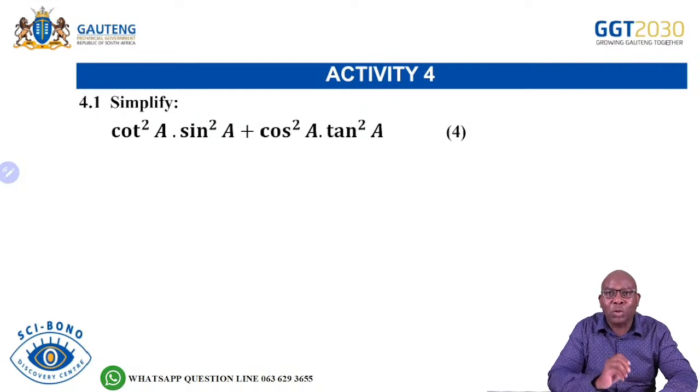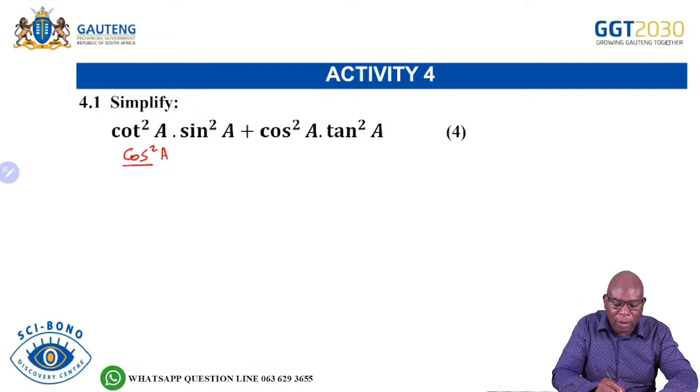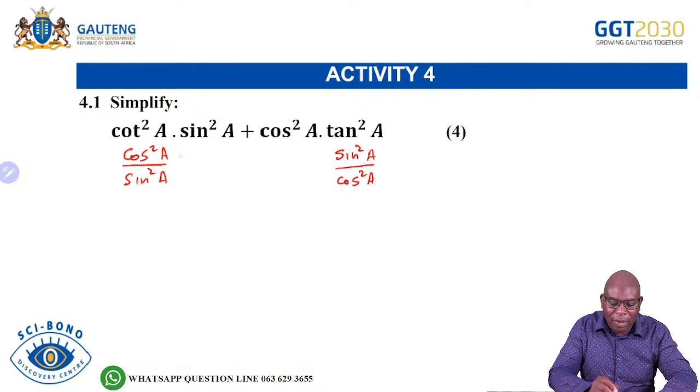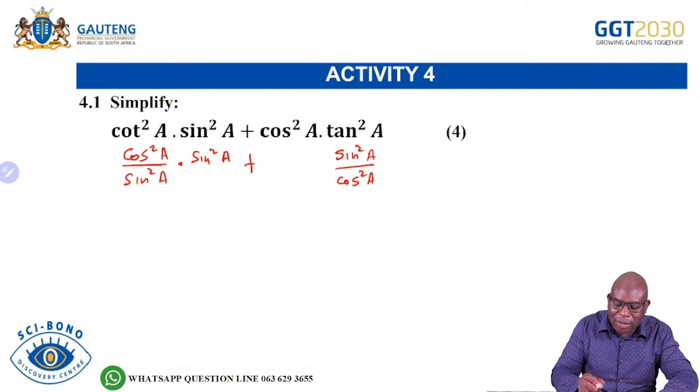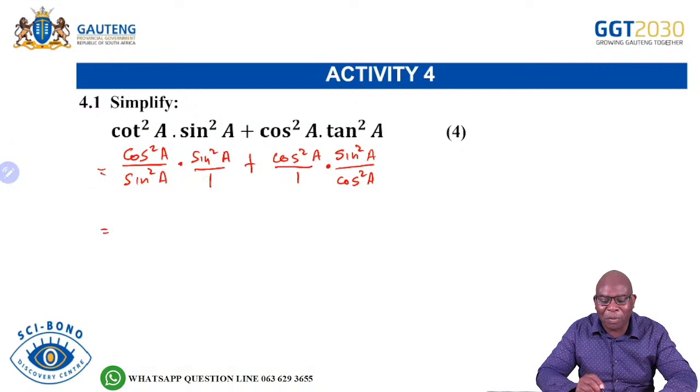Either I change it to 1 over tangent, but here I can see I just need to change it to cos squared a over sine squared a, because the tangent changes from sine squared a over cos squared a, right? Then I'm done with this question. Sine squared a plus cos squared a over 1. I'm done with this question. That question is done, and that's an easy 4 marks.